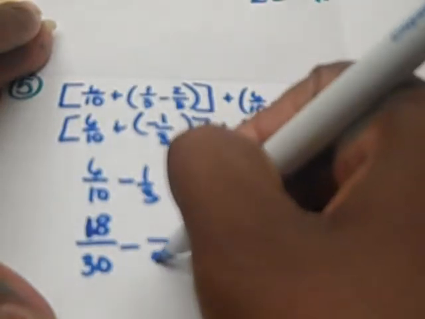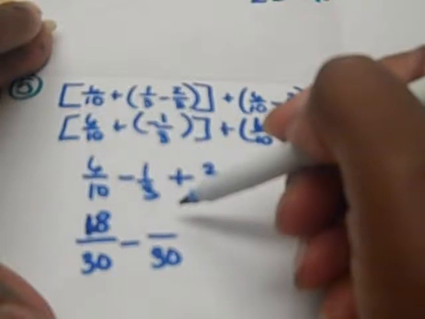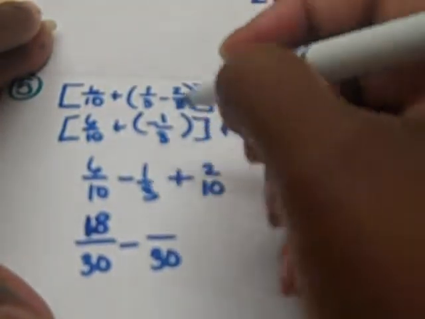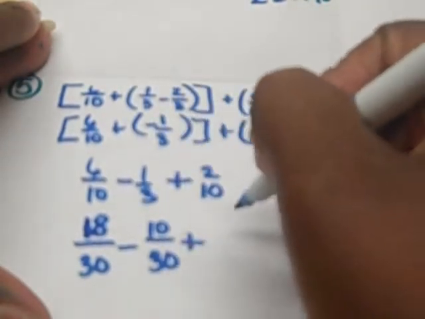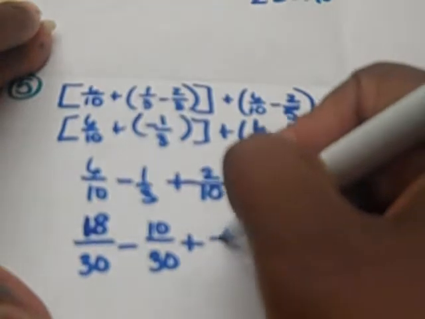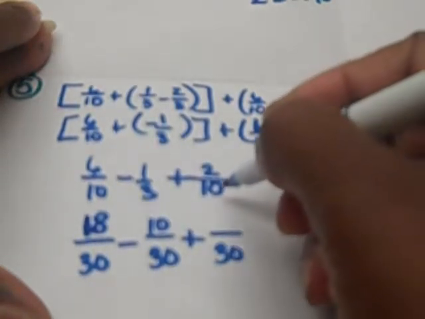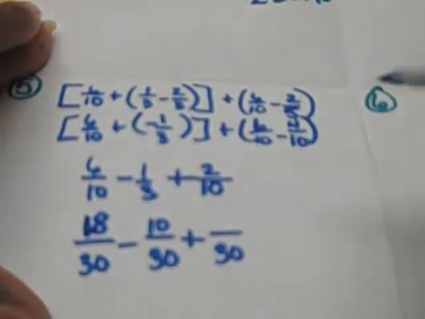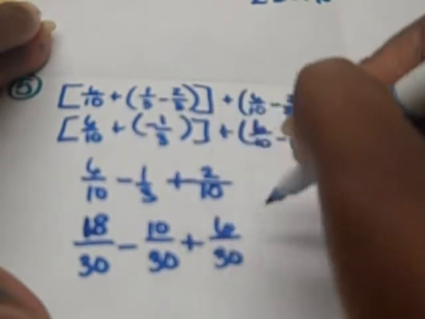Minus, we're going to do the same thing here, an equivalent fraction with 30 as the denominator. 3 times 10 equals 30, so I multiply that 1 times 10, 10/30. And again, a denominator of 30. 10 times 3 will equal 30, so I need to multiply that 2 times 3 to give me 6.